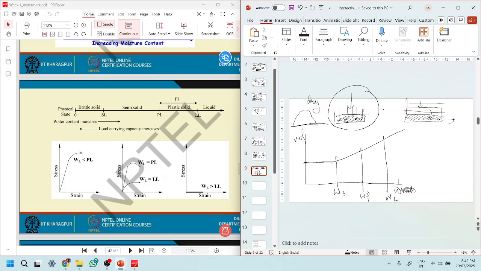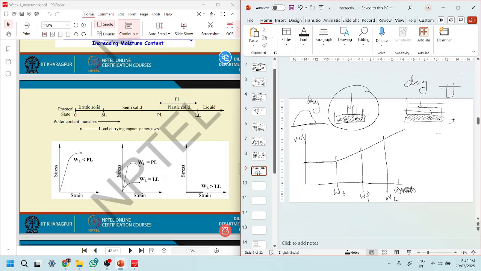For example, if you have a clay which has a lot of water in it, like when it rains, the soil becomes so slippery that you're falling down and your foot is just going inside the ground because the strength is not there.